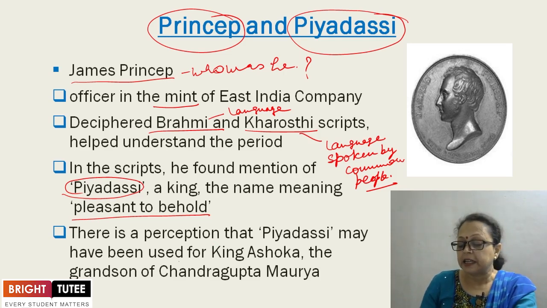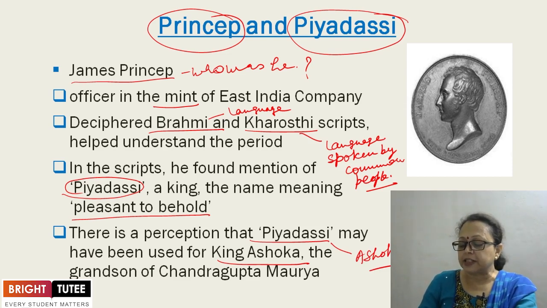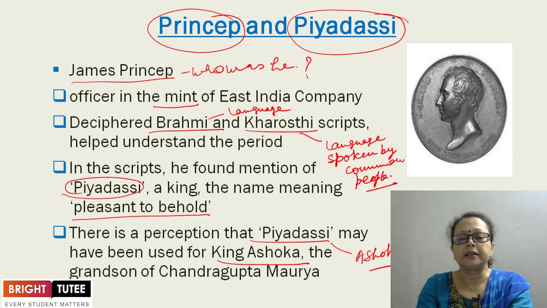And there is a perception that Piyadasi may have been used for King Ashoka. This is a terminology he found that he correlated. This is a terminology used for King Ashoka, the grandson of Chandragupta Maurya.